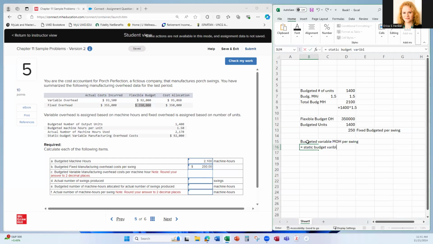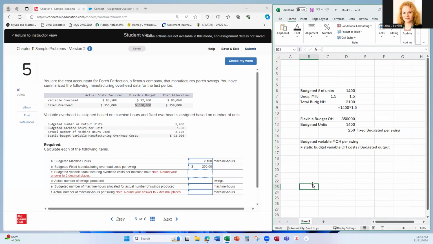Oh my gosh, I can't type. And we would divide that by our budgeted output. But they didn't provide us the static amount here. So that is trickier, but let's see here.